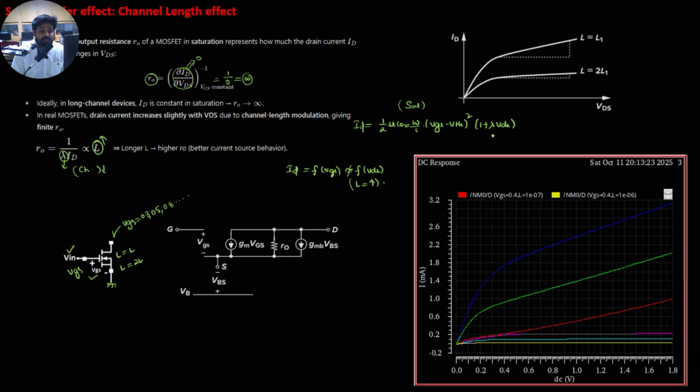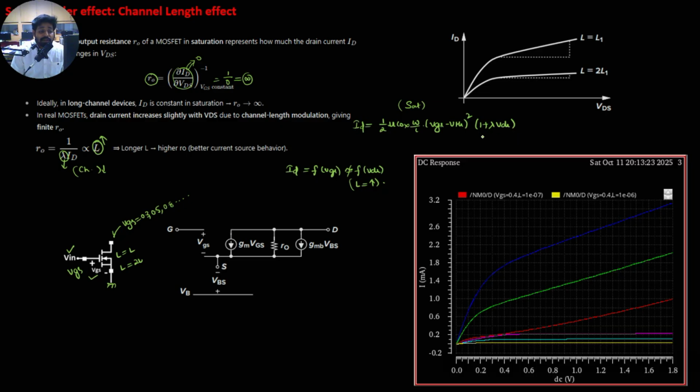Let us suppose lambda is 1, then a VDS change will change ID by 1 times. If lambda is 0.1, a change of VDS by 10% gives a change of ID. If lambda is 0.01, only a 1% change will be reflected at the ID.